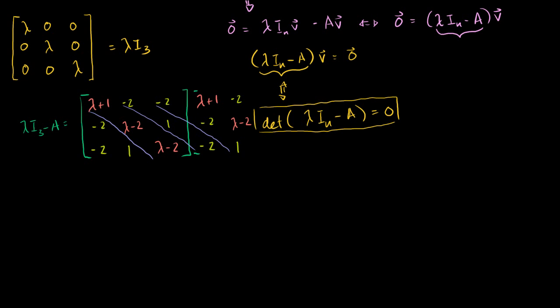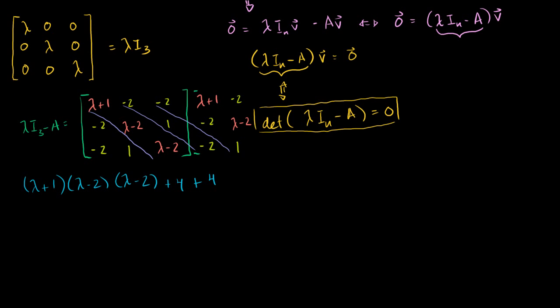We'll do that next. So this product is lambda plus 1 times lambda minus 2 times lambda minus 2. That's that one there. And then plus, you see, minus 2 times minus 2, that's plus 4. And then we have minus 2 times minus 2 plus 4 times 1, so that is plus 4 again.